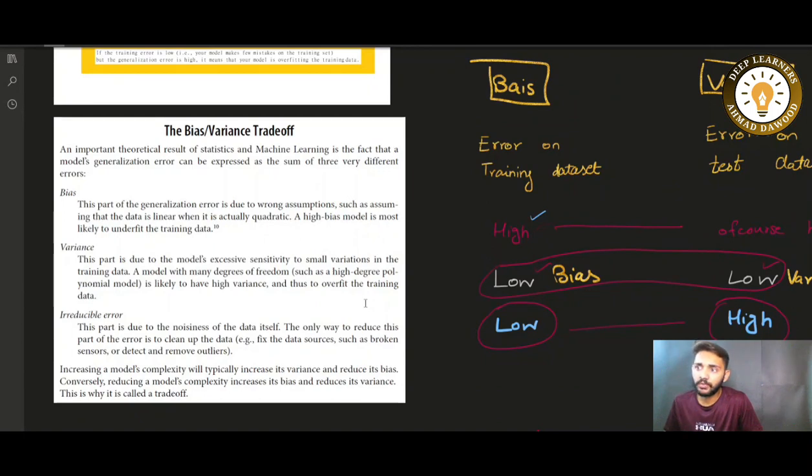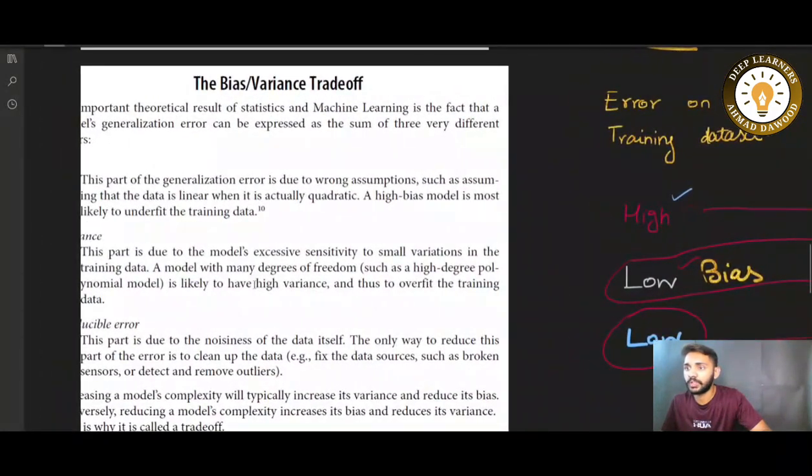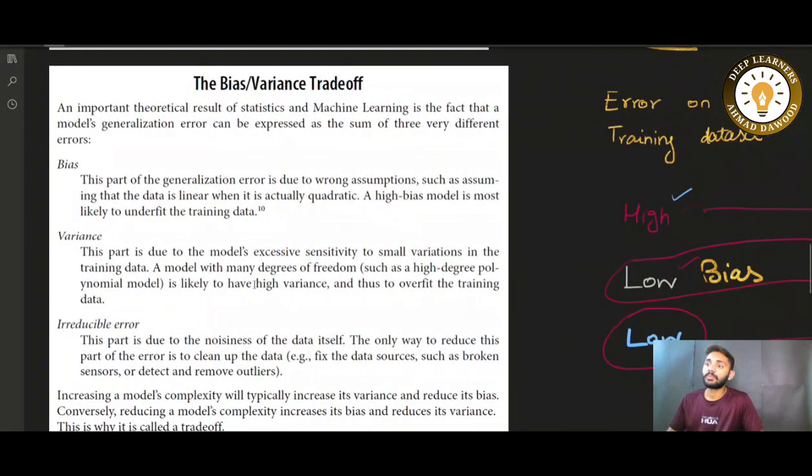Bias is the part of generalization error due to wrong assumptions, such as assuming that data is linear when actually the data is quadratic. A high bias model is most likely to underfit the training data points. If you have high bias, it means you are also getting error on the training data points, so your model is most probably trapped in underfitting.